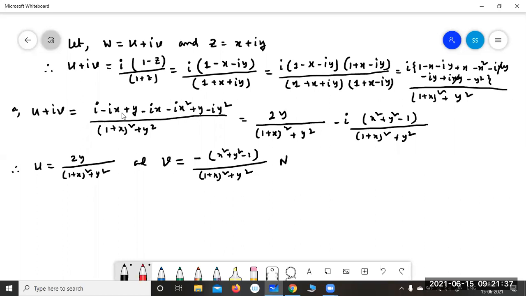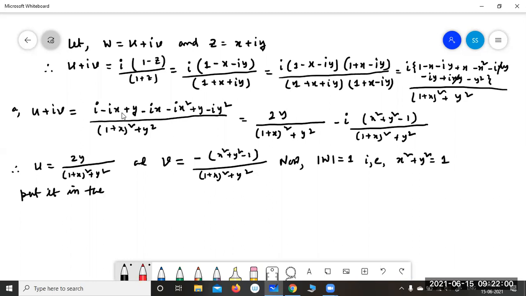Now mod Z equal to 1. Mod Z equal to 1 means X square plus Y square equal to 1. Right? This circle means mod Z equal to 1 means X square plus Y square equal to 1. Isn't it?